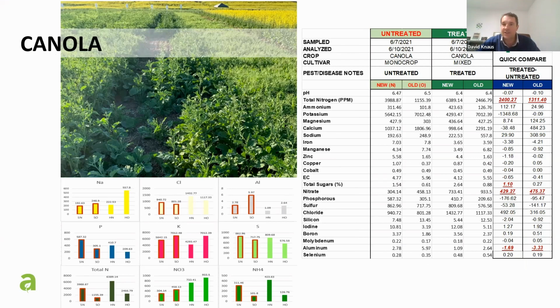We're looking at massive differences in total nitrogen from the untreated to the treated and the corresponding differential within the health of the plant. Similarly, you're seeing large differences in the uptake of aluminum in the monocrop versus a mixed crop.